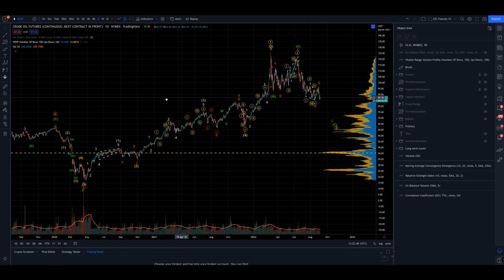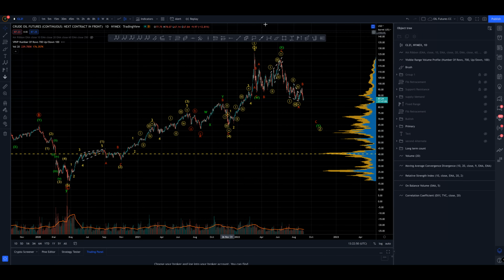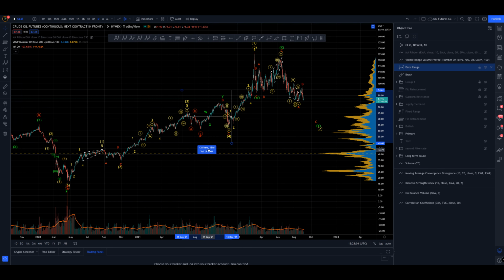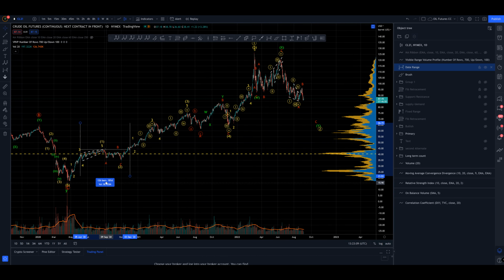On that note, as I mentioned, if we take a moment to actually measure this, we can see we've got 183 days. Now, assuming this is a flat pattern and this is a sharp pattern, we can see that it is significantly larger than that correction and significantly larger than that correction.